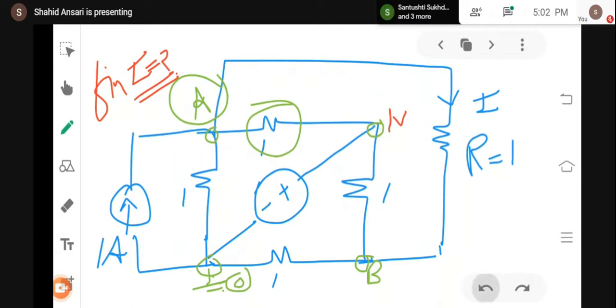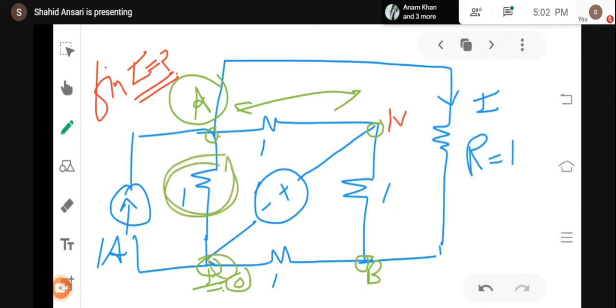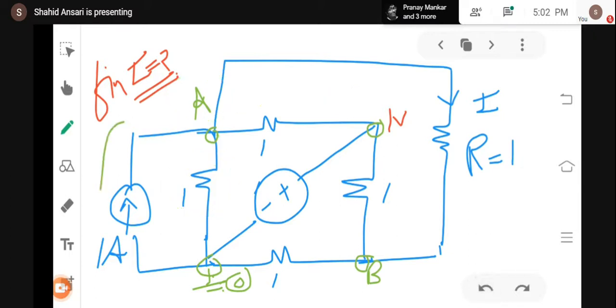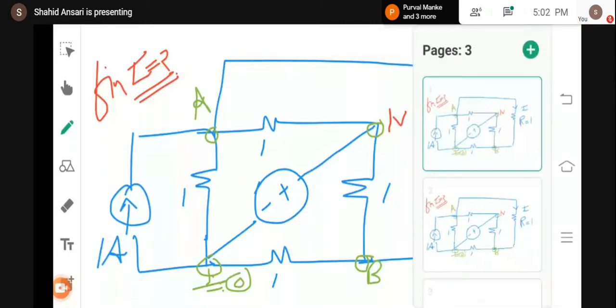So you can directly write VA minus 1 divided by 1. The current source is going towards the node, so it will be negative, so minus.